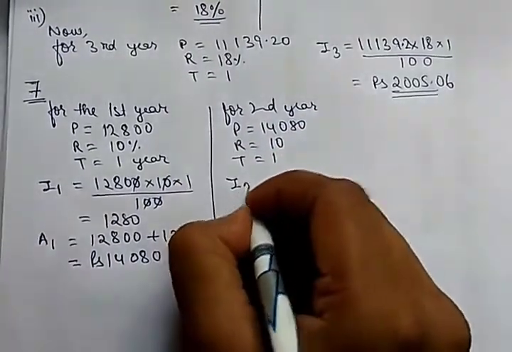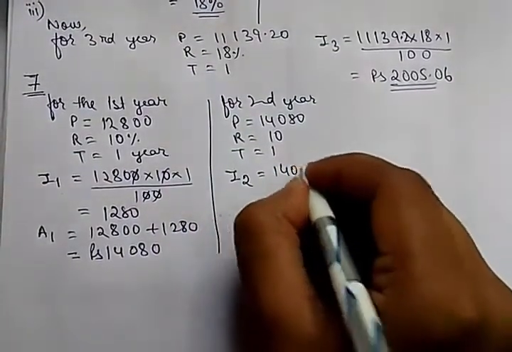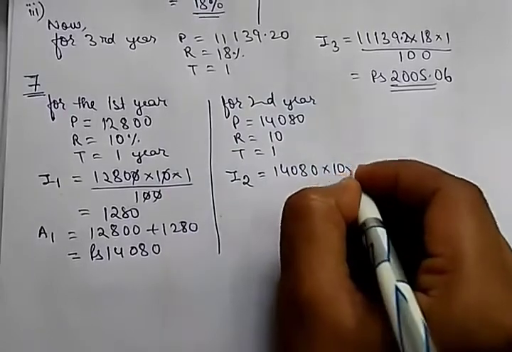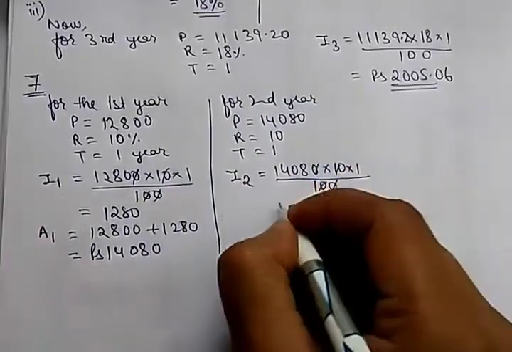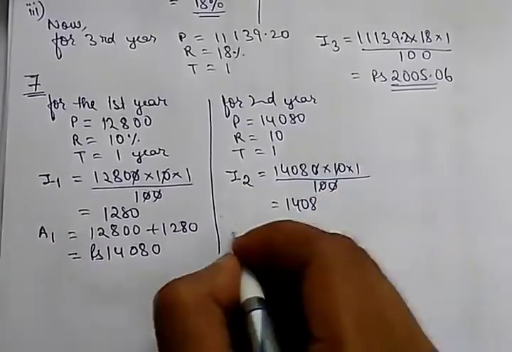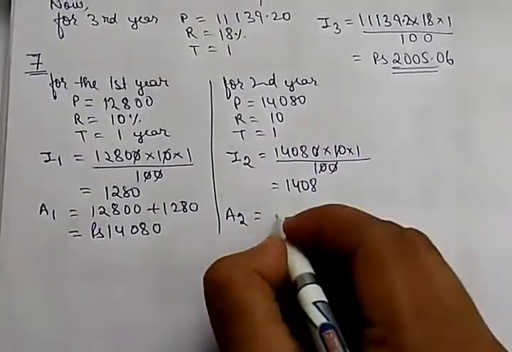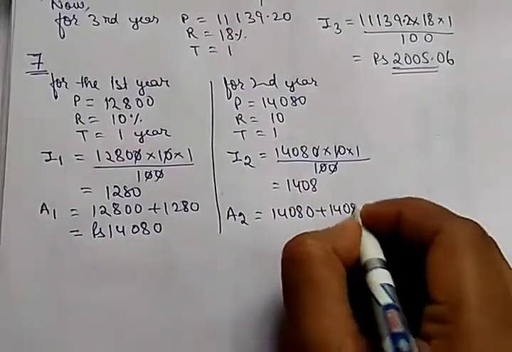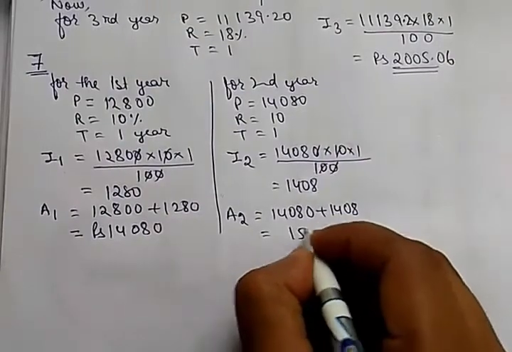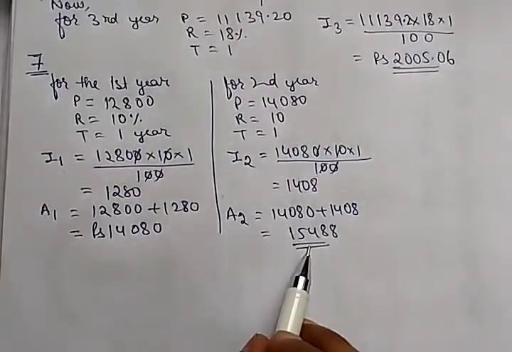So interest for the second year is equal to 14,080 into 10 into 1 by 100. This is coming 1408. So the amount for the second year is equal to 14,080 plus 1408, that is equal to 15,488. This is the amount for the second year.